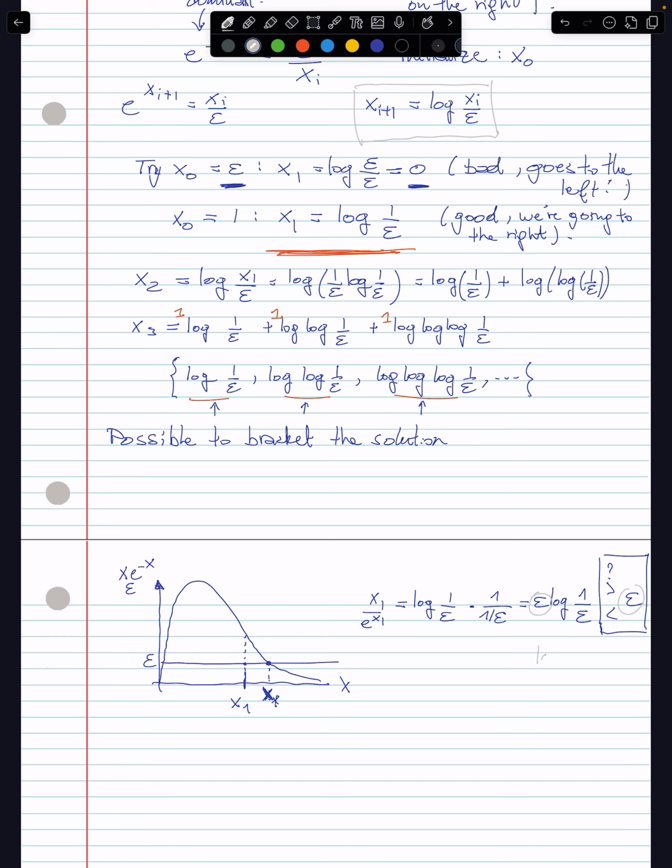So we need to determine whether the log of 1 over epsilon is larger or smaller than 1. And definitely the log of 1 over epsilon is larger than 1, meaning that indeed we are on the left. All right. So this means that x1 is smaller than x star.